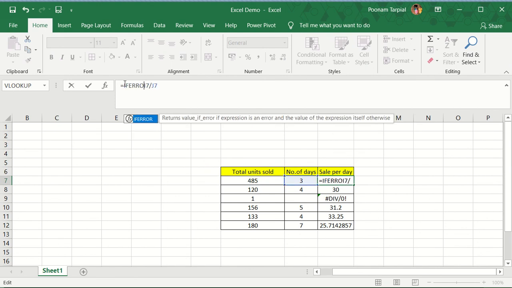So how do you put up the IFERROR? I have to say IF and then ERROR. Then my column will start. This is the main thing that I needed.